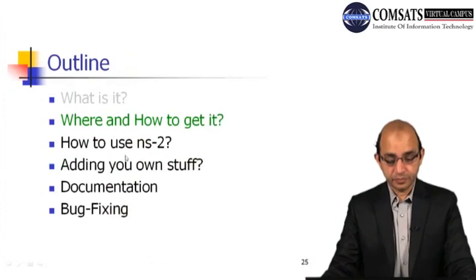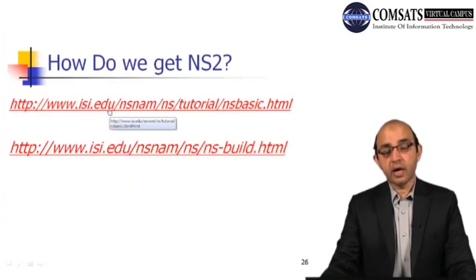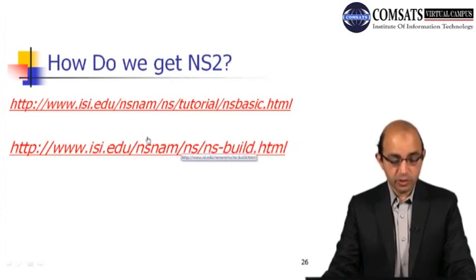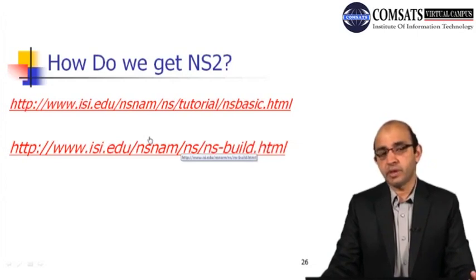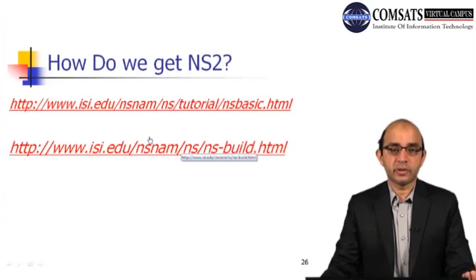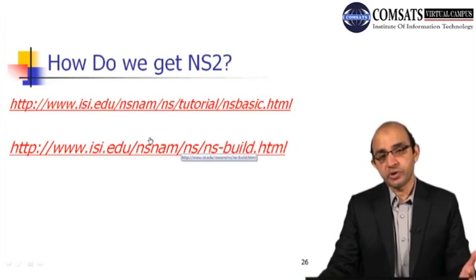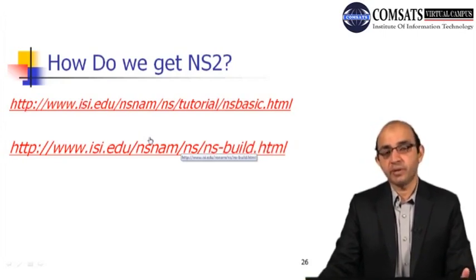So how to get it? It's very simple. You just have to download from this site, and you can compile it locally if you are using Linux. If you are using Ubuntu, you can download and even install by using its software center. If you are using an older version of Ubuntu, you can use Synaptic.